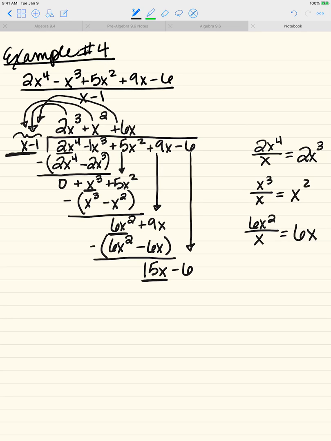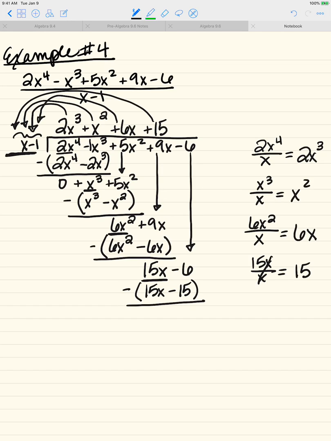Divide 15x by x, okay? So 15x divided by x is equal to 15. The x's cancel, okay? So add 15 up here. Take your 15. That's a lot of arrows. Multiply it by x minus 1, okay? 15 times x, 15x. 15 times negative 1, or minus 1, minus 15.